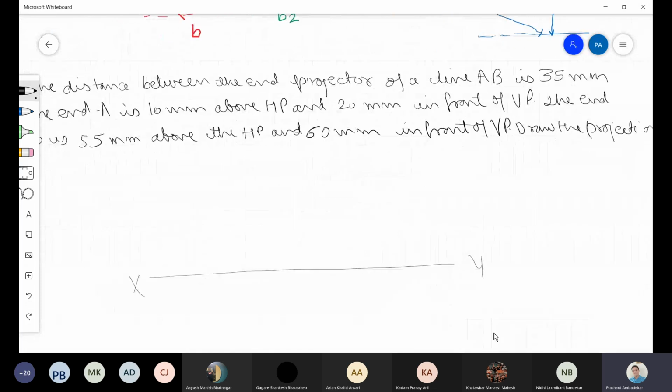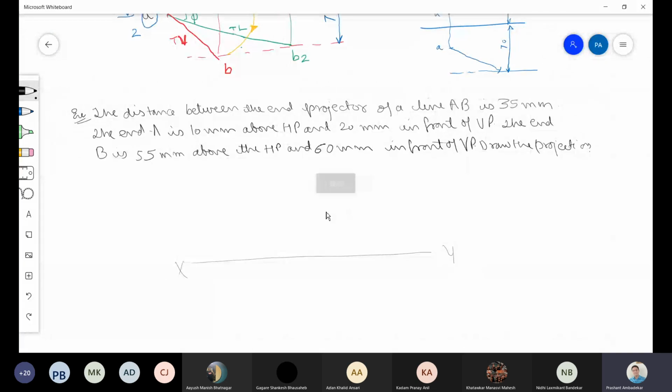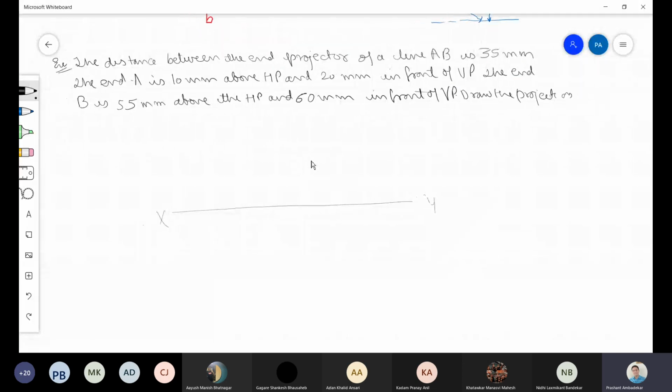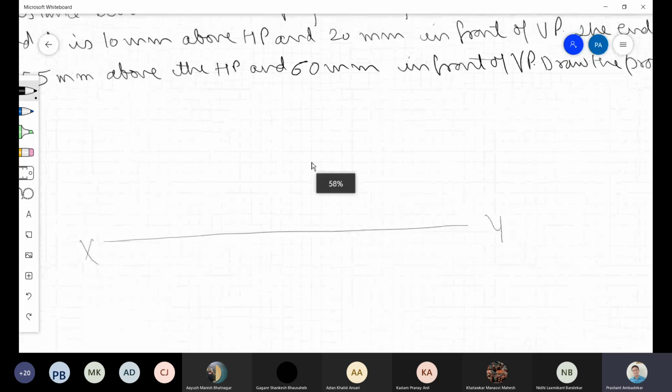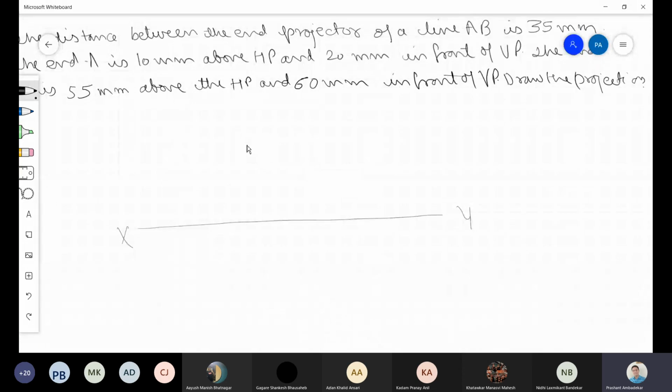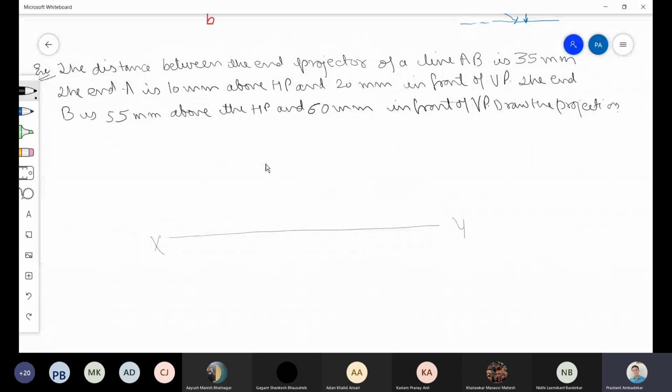Okay, it has scrolled upwards. The distance between the end projectors of a line AB is 35 mm. End A is 10 mm above HP. So we can locate the position of A dash here.